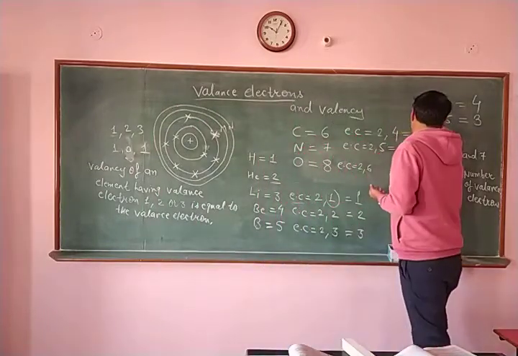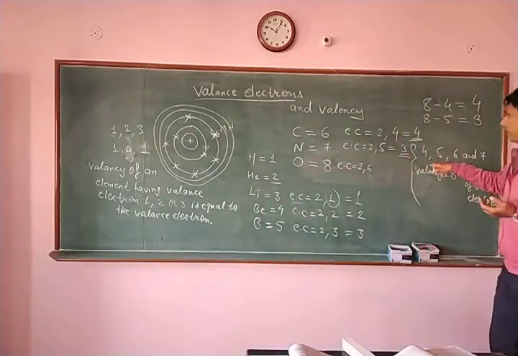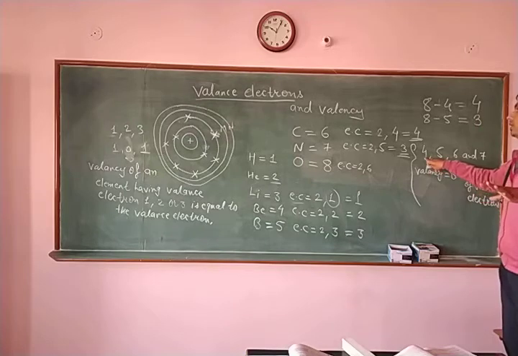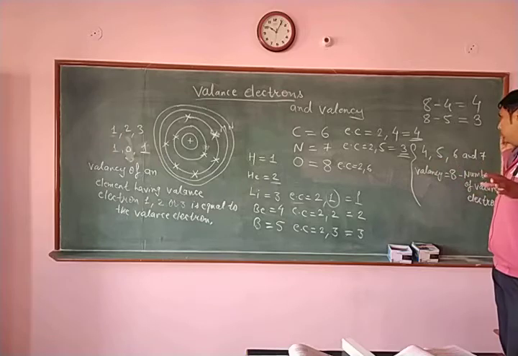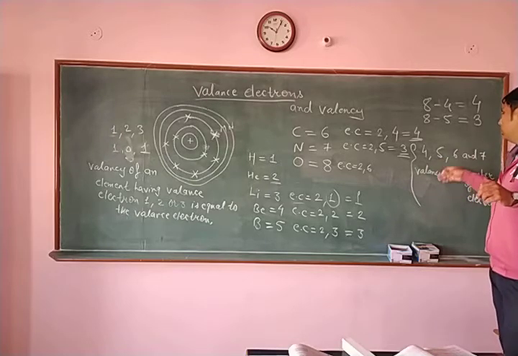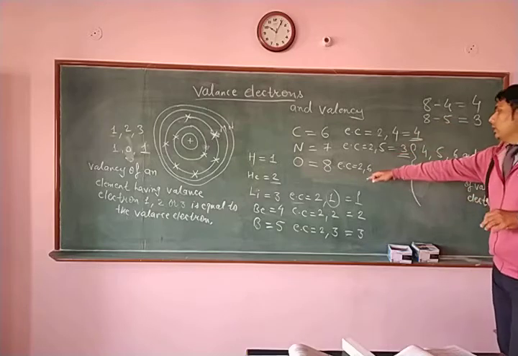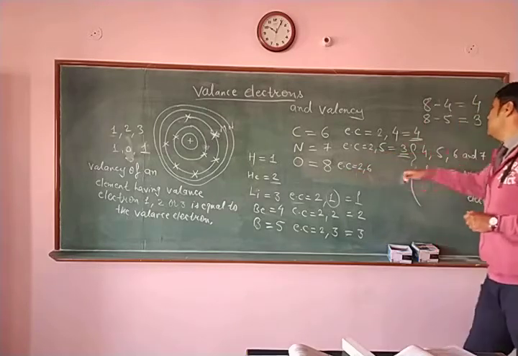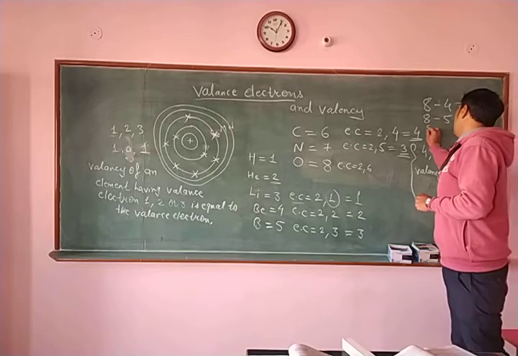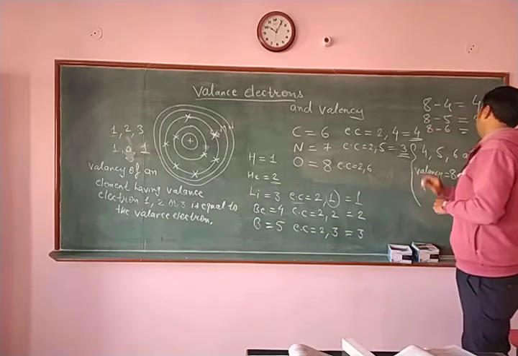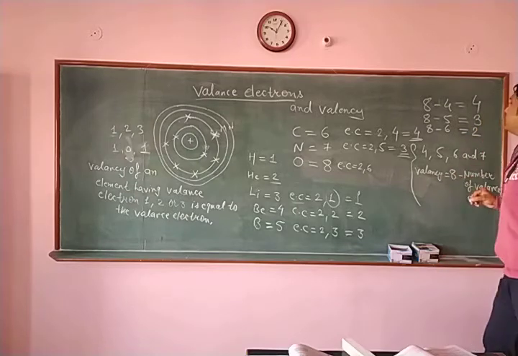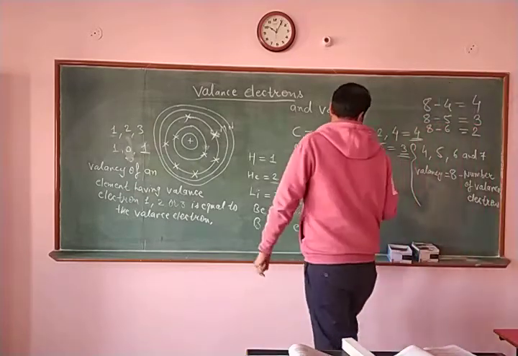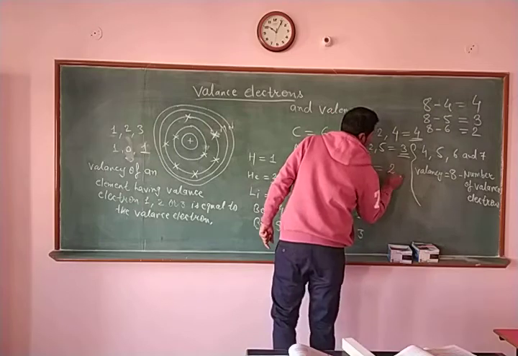As we know, for elements with 4, 5, 6 and 7 valence electrons, the valency equals 8 minus the number of valence electrons. Oxygen contains 6 valence electrons, so 8 minus 6 will be 2. So 2 will be the valency for oxygen.